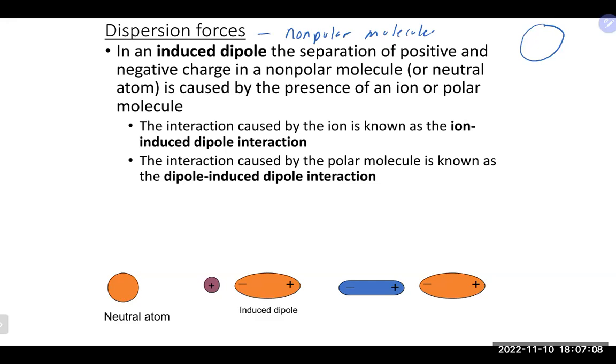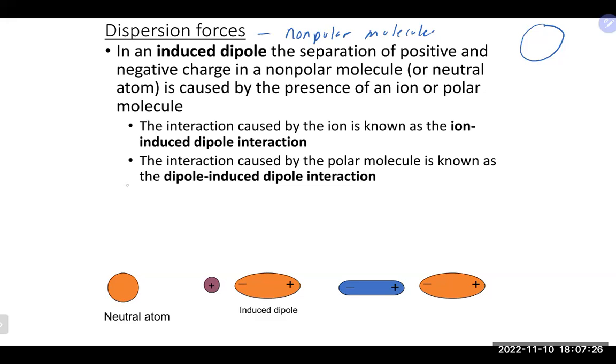So there's a couple ways the dispersion forces sort of interact. One is what is sometimes referred to as an induced dipole. And this is when we get something that does have a charge that sort of comes up to something that has no charge, like a nonpolar molecule.